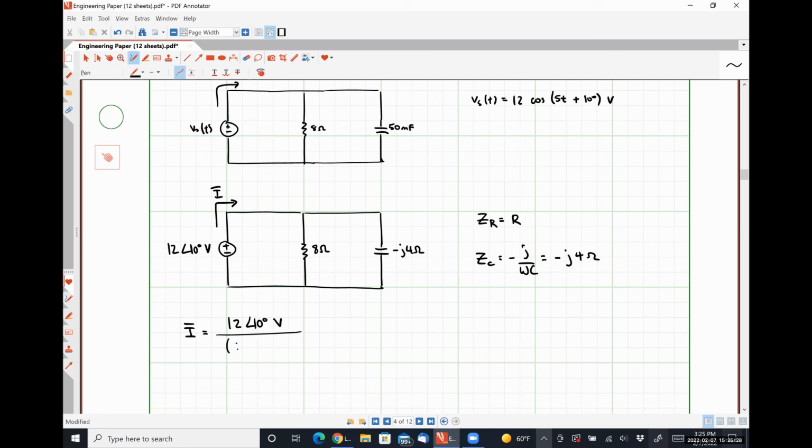So that's going to look like 8 times minus j4 over 8 minus j4 ohms.